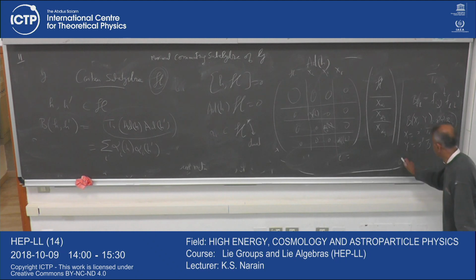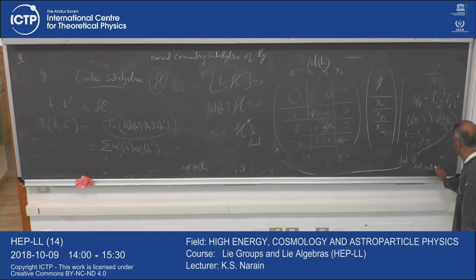So we are saying the determinant of this D by D matrix B is not equal to 0. That's important. So the inverse exists. This is quite important.